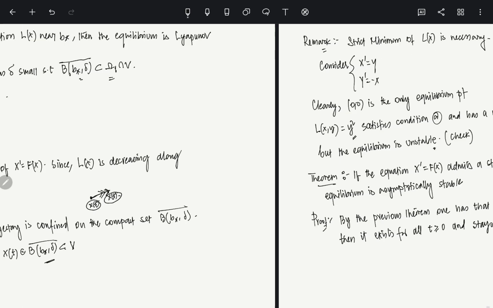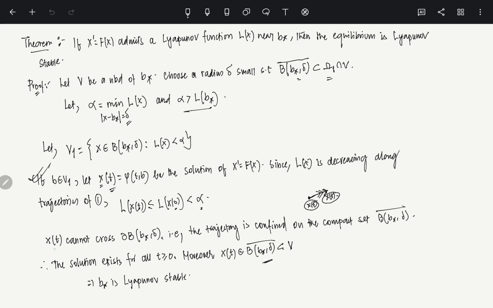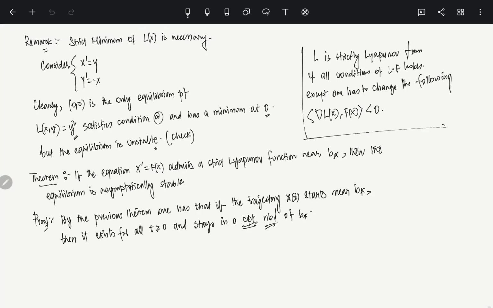X of t cannot cross this, so the trajectory is confined to this compact set, and this set is contained in V.